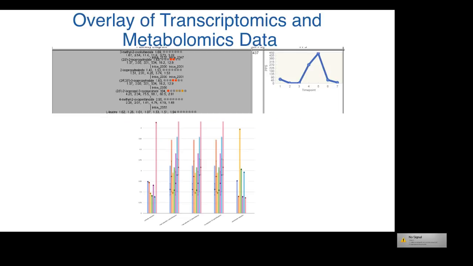I totally forgot to mention that this overlay of the metabolomics and the transcriptomics was only possible because of the annotation platforms that Xavier talked about. Based on those matching, we're able to look at global profiling of these systems.